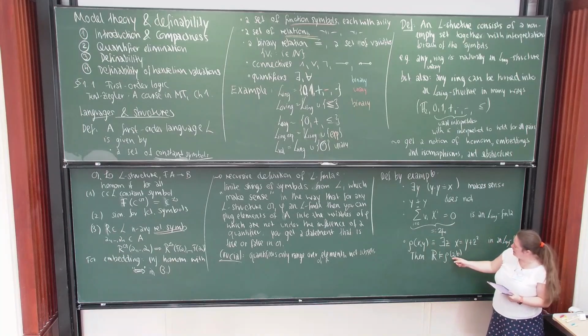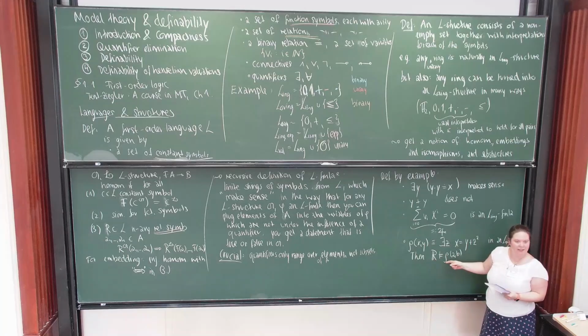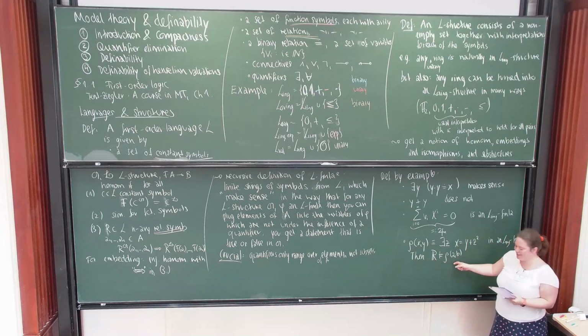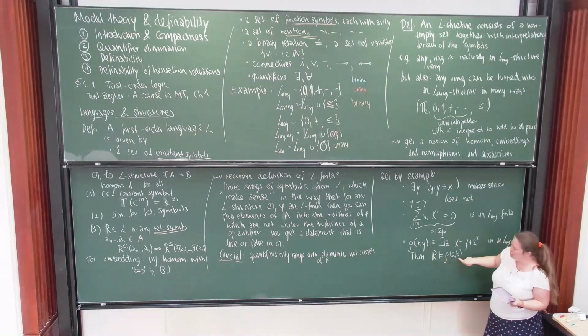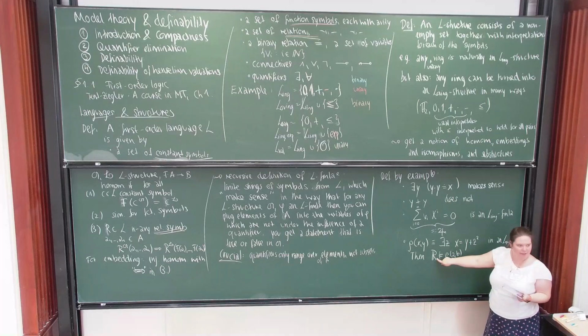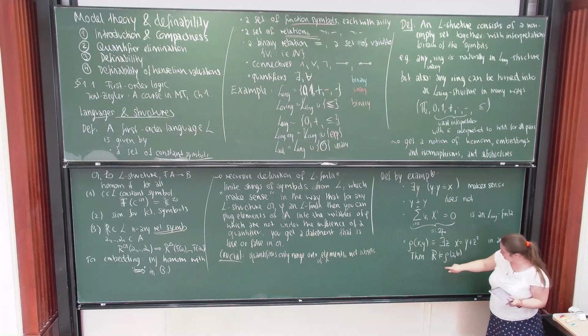I want to look at the pairs a and b from the reals for which this holds. This means the reals, interpreted with the interpretation of the ring symbols in the usual way, entails rho of a, b holds. And this implicitly means a and b are elements of the reals.